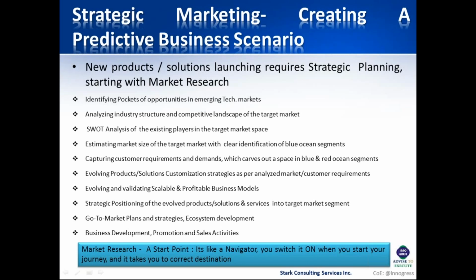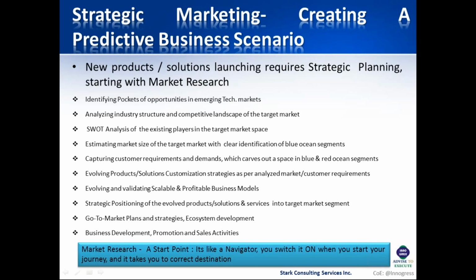Then go-to-market plans, ecosystem development, business development, promotional and sales activity. So these come in a flow. I think the top four or five steps are as important as the bottom four or five steps. What I'm highlighting is market research. Market research will guide you through all processes, right?